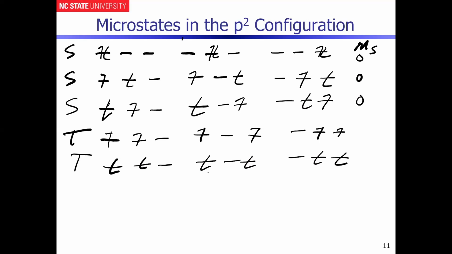And then what are my values of ml going to be? Well, thinking about where the electrons are residing in the first configuration, they're both in the +1 ml orbital. So this is an example where the ml value is going to be 2.